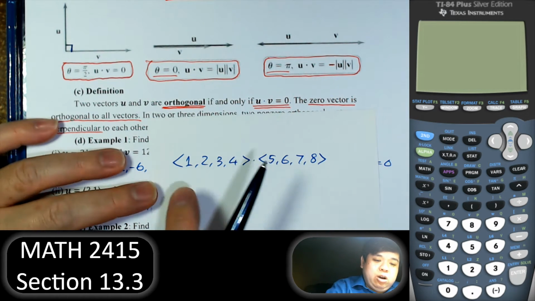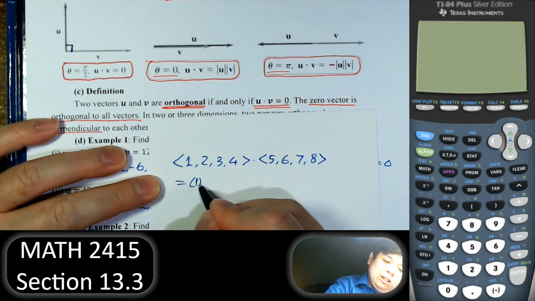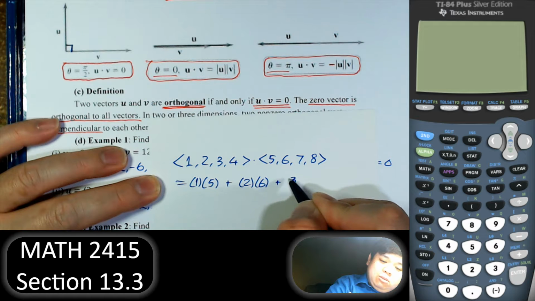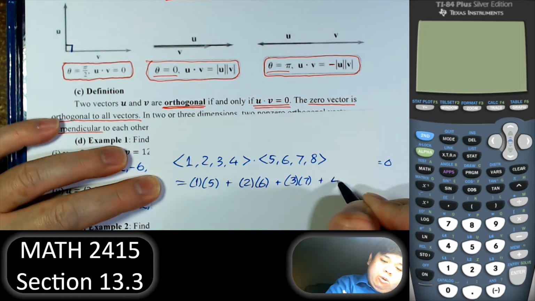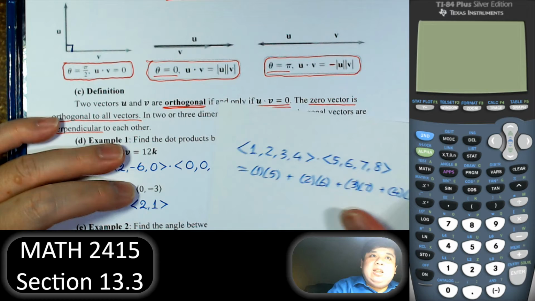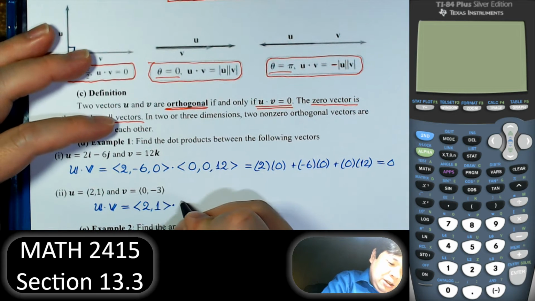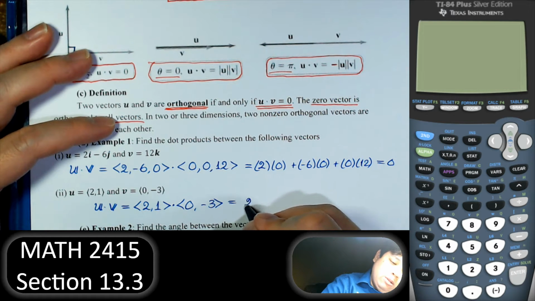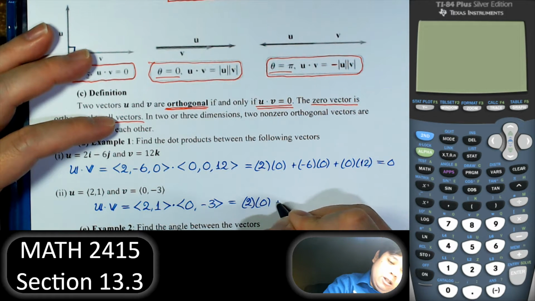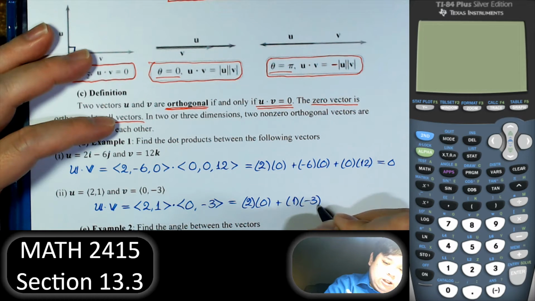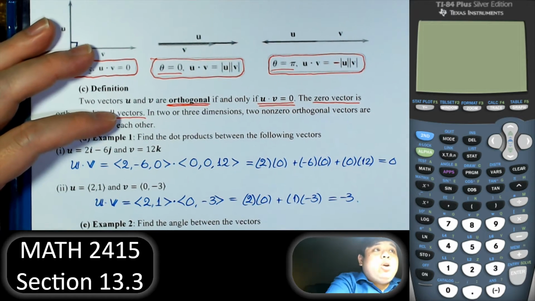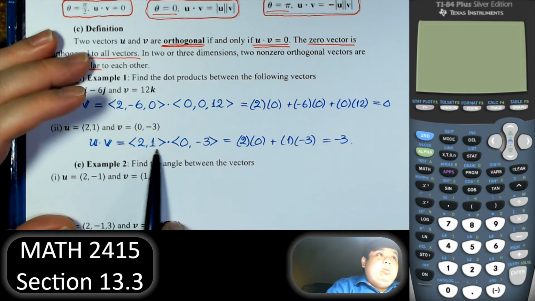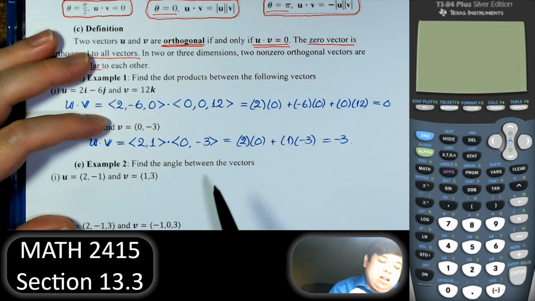It's still defined the same way: 1 times 5 plus 2 times 6 plus 3 times 7 plus 4 times 8. But here we only have 2. So 2 times 0 plus 1 times negative 3. Right. So that product's pretty straightforward. It's easier if we write in the bracket notation.